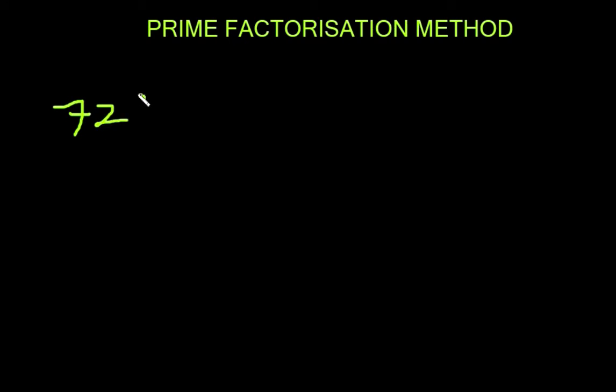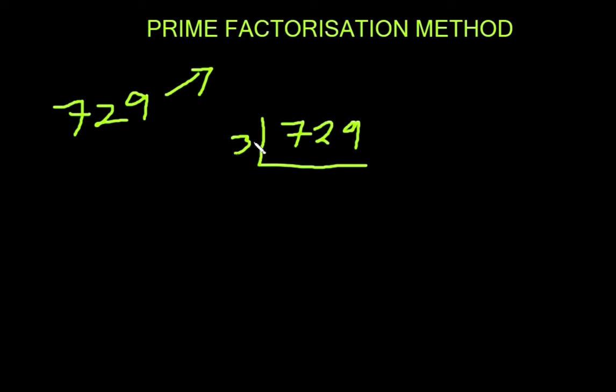Let's see how to find the square root of 729 using the prime factorization method. Just like the previous sum, 729, take LCM. We can start with 3 as we have 9 as the unit digit. Now 3, how many times in 729? It is 243.